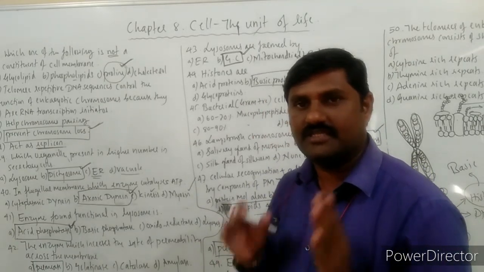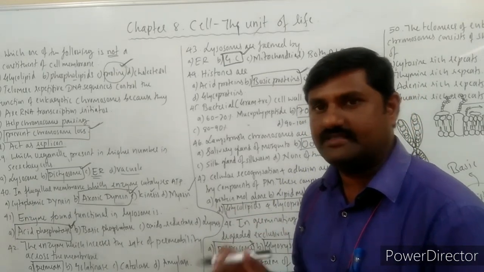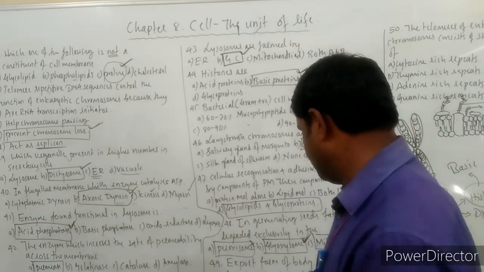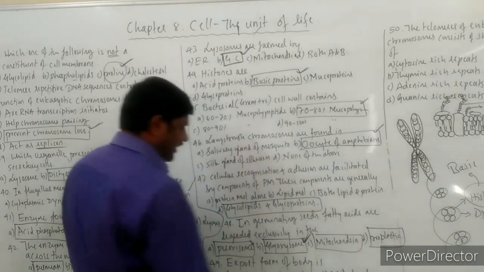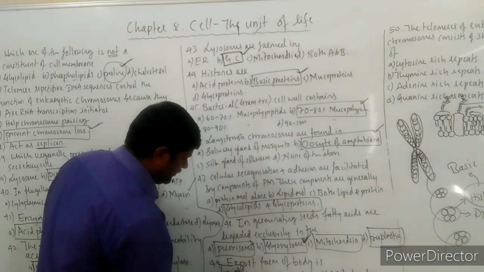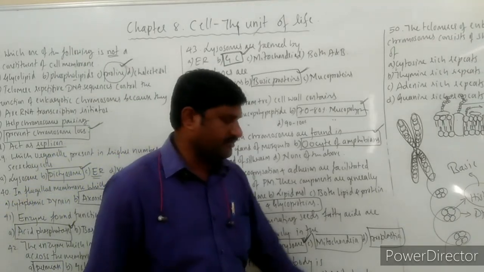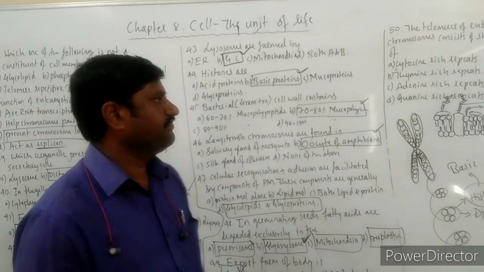Those are especially the Golgi bodies, or the Golgi complex. That's why the export form of the body is the Golgi complex, and it is the correct answer for this question. Not the endoplasmic reticulum, nucleus or mitochondria.